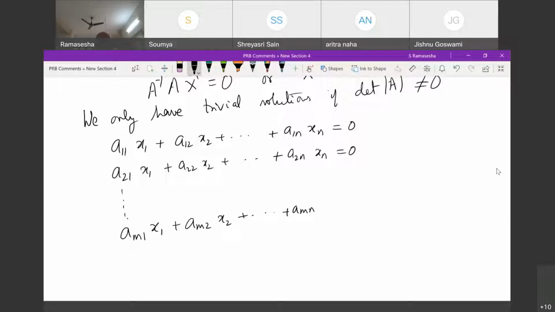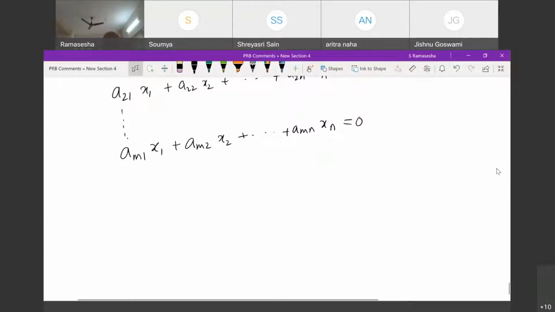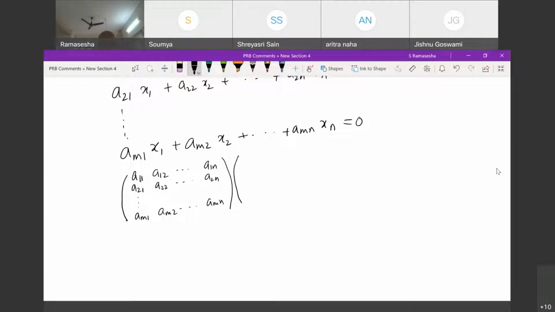I can write this in the form of a matrix equation: the matrix with rows A11, A12, A1n; A21, A22, A2n; up to Am1, Am2, Amn, times x1, x2, etc. up to xn, is equal to 0.